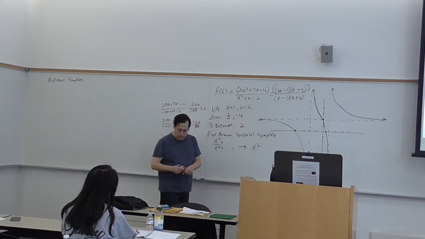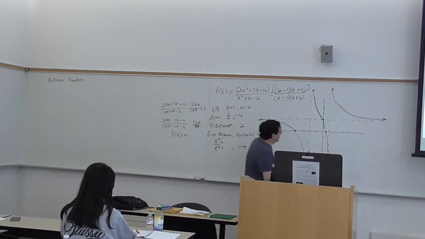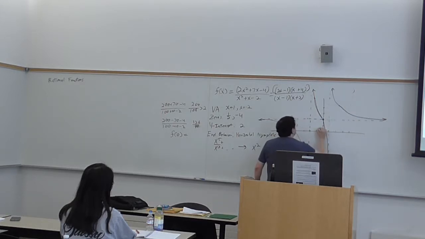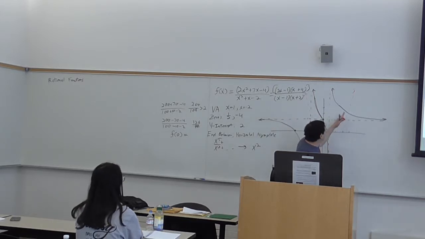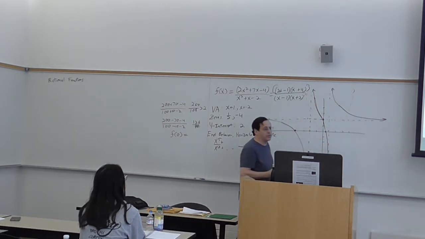So in that case, what you'd expect is y equals x squared. You'd expect, not necessarily in the center, but as the function gets far out, it's going to start looking more and more like this on the ends.